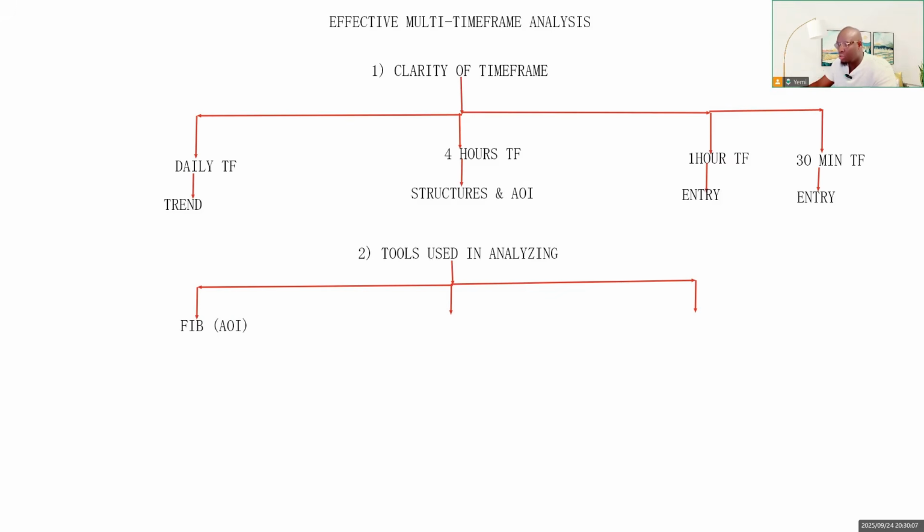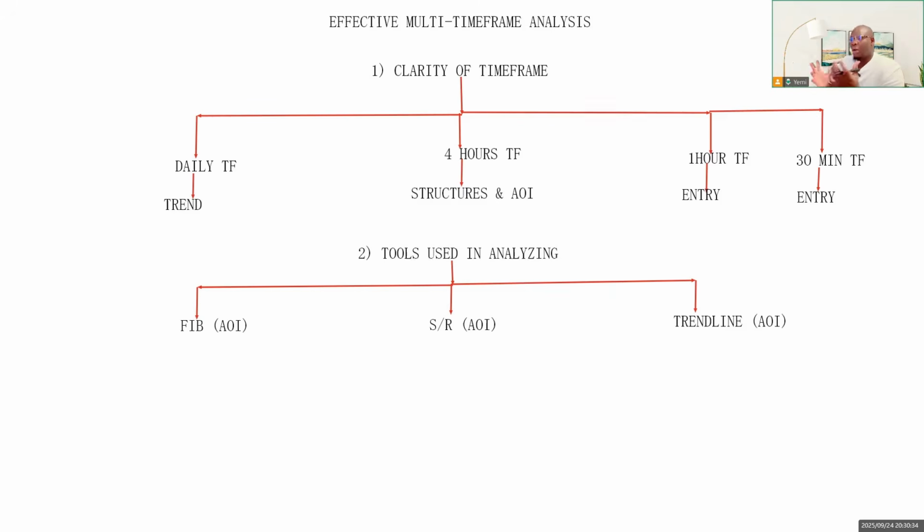The next tool that you're going to see me use is the support and resistance tool, usually the support and resistance line or support and resistance zone. And what do they do for me as well? They help me obtain areas of interest. And I use the trend line when necessary. And what does the trend line do as well? The trend line helps me look for areas of interest.